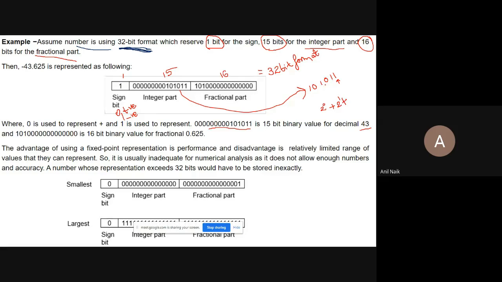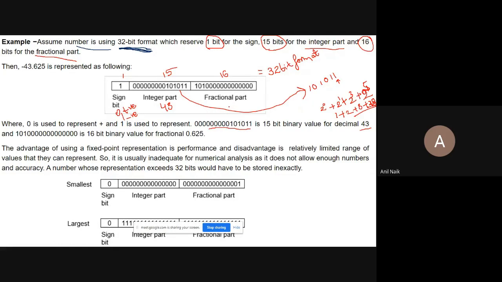So 2 raised to 0, 2 raised to 1, 2 raised to 3, 2 raised to 5. So 1 plus 2 plus 8 plus 32, which is 43. So the integer part is 43.